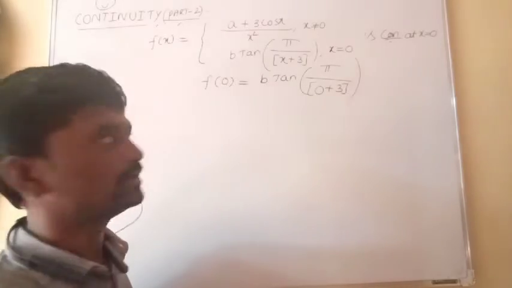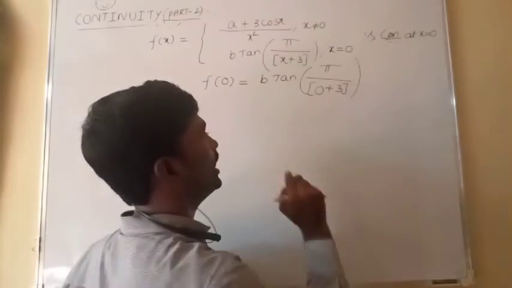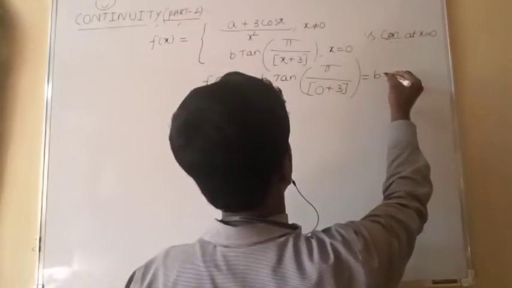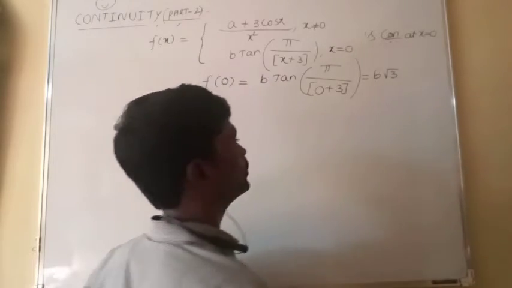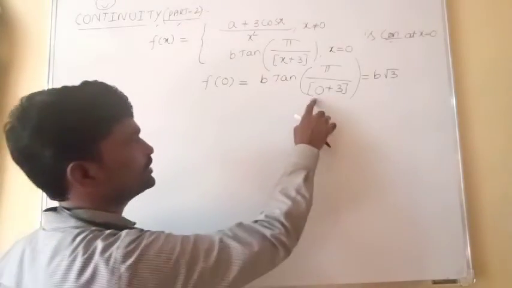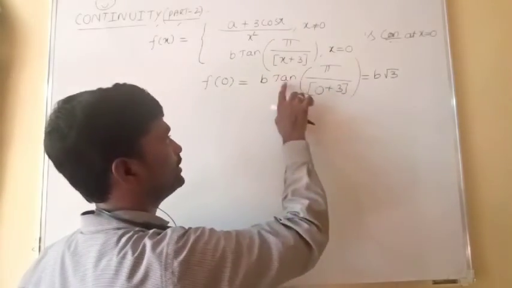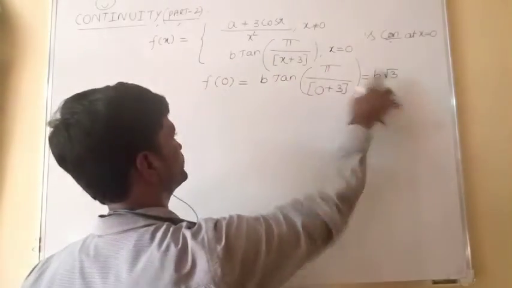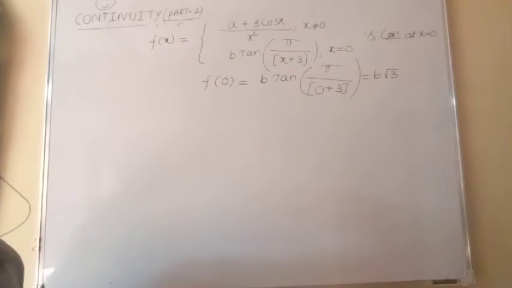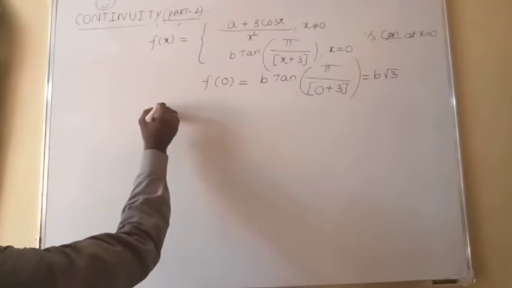Step of 3 is 3. That means it becomes pi by 3. So what is tan pi by 3? Root 3. So f(0) is b root 3.